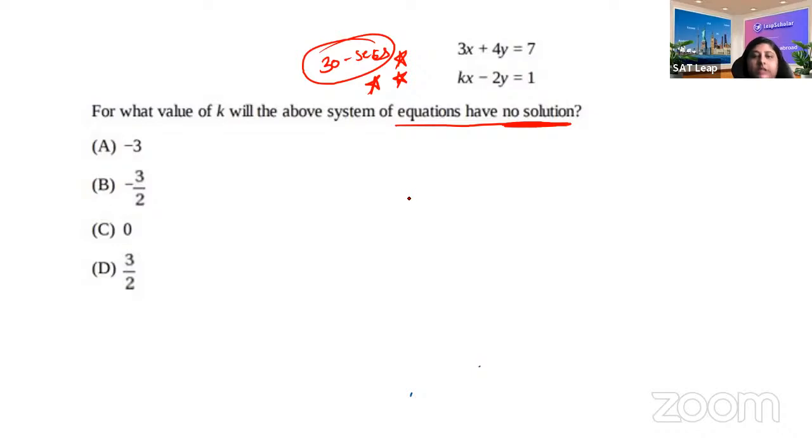Dakshin, very good. It is correct. If you know what is meant by no solution, then you can tell what you have to do, or you will know what you have to do in this question. Preet, no, it's wrong.